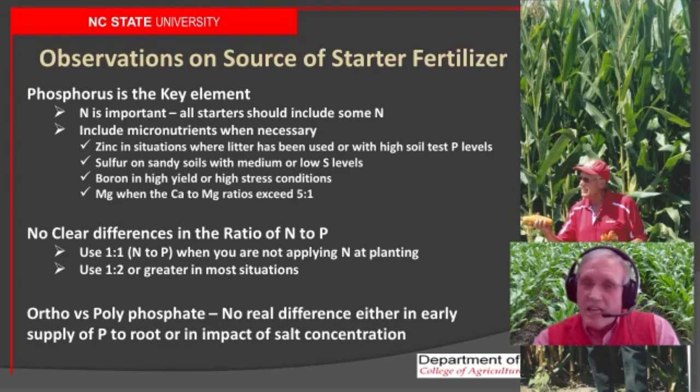I don't see any real dramatic yield differences in choosing how much N do I need and how much phosphorus do I already have. Those help make that decision about what ratios of phosphorus to nitrogen you use. And as I mentioned earlier, no real difference in their supply of P as far as ortho versus poly, or the impact of salt concentration that we could see, or I can see, in research data.